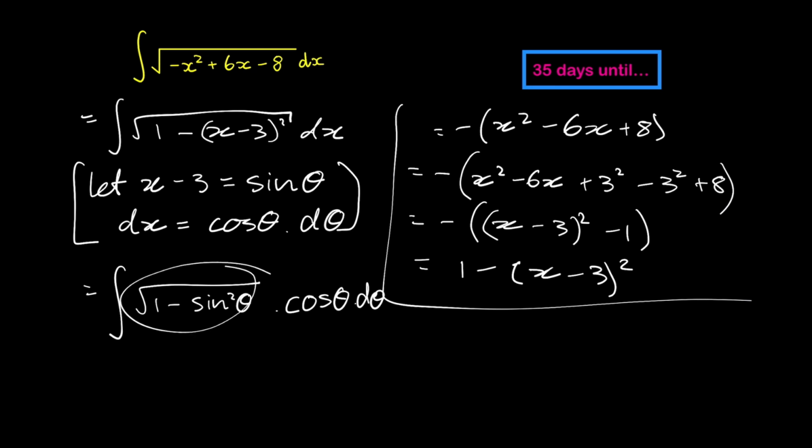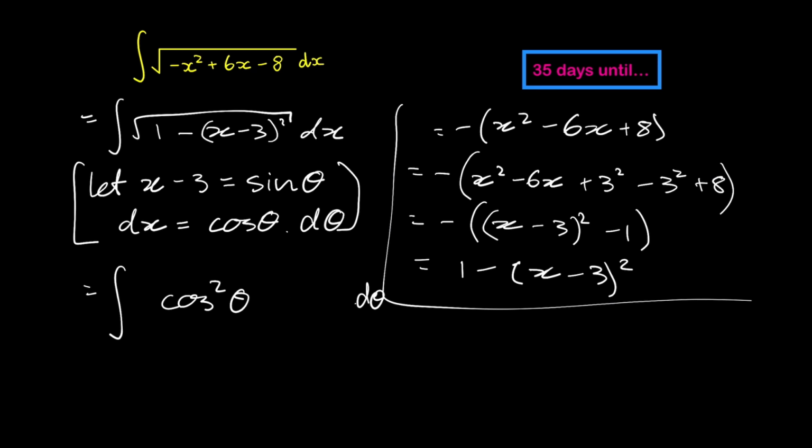But we know that 1 minus sine squared of theta is equal to cosine squared of theta. And the square root of a square is just what was inside originally, so it's cosine of theta now times cosine of theta. So this now is cosine squared of theta.